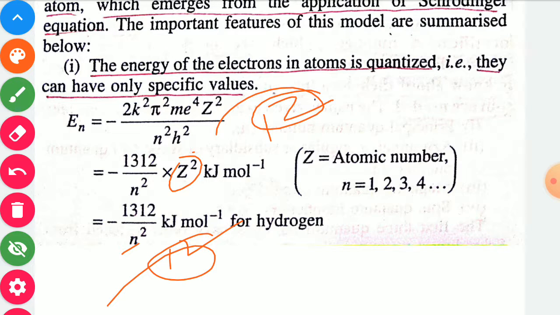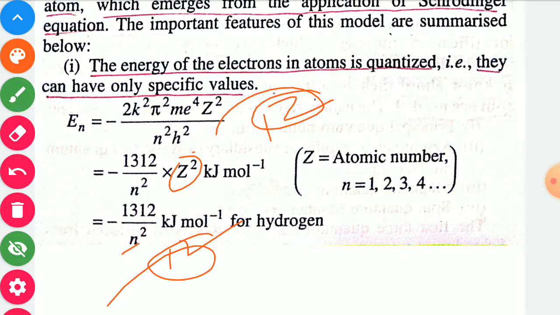So the energy of the electron present in hydrogen is minus 1312 upon n square kilojoule per mole, where n square may be first, second, third, whatever.